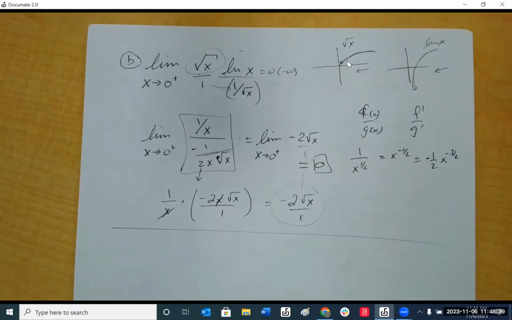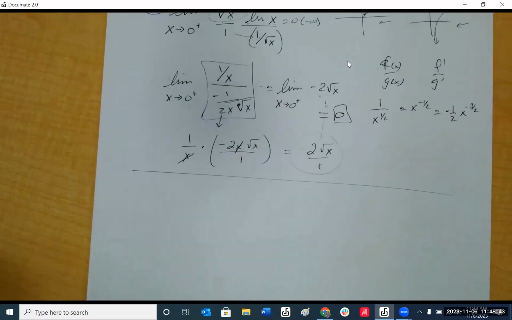That was example 5. Now we're going to do example 6. Here is example 6.